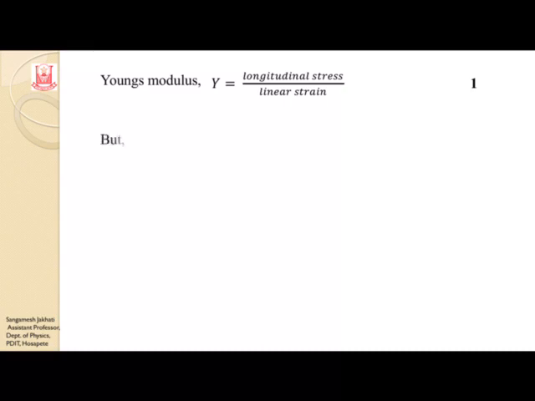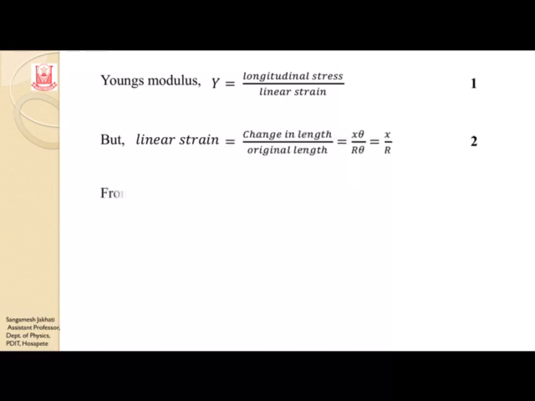Let us say this is equation 1. The linear strain is equal to change in length to that of the original length. That is the basic definition of a strain: change in length to the original length.